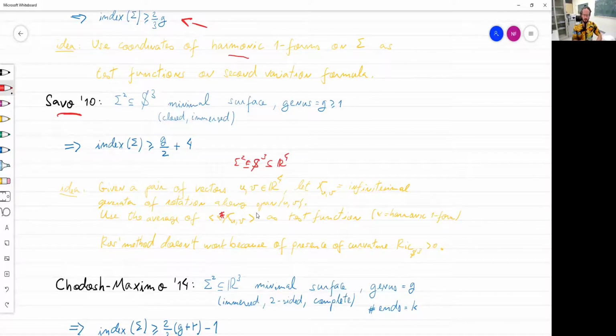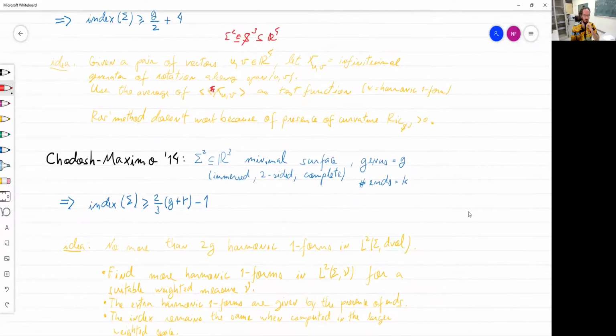I'm being a bit vague, but the point is that Savo gets this test function that, when you plug it in the second variation formula, eliminates the curvature terms. Okay, as long as the Ricci curvature is positive. Right? When you take the average of everything, I'm going to go into more details a little bit later, because this is very relevant to us, because this approach helps us deal with the curvature that comes from the incomplete metric, right?